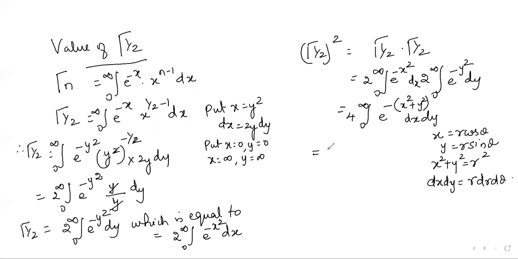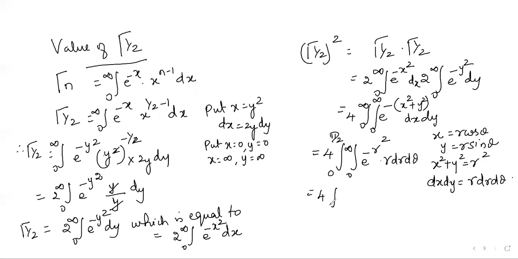Therefore, this will become 4 into a double integral, and since it is a circle, theta goes up to 90 degrees, and then integral 0 to infinity for r. So e power minus x square plus y square is r square, and instead of dx and dy, I can write r dr d theta.